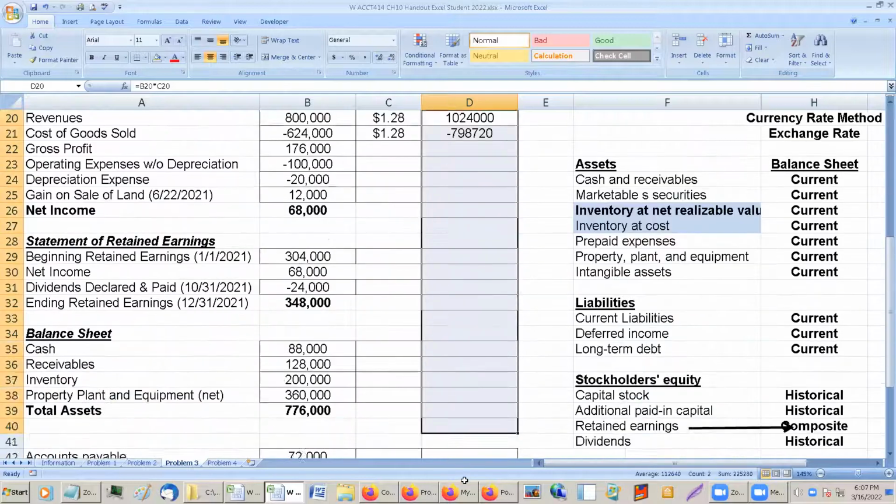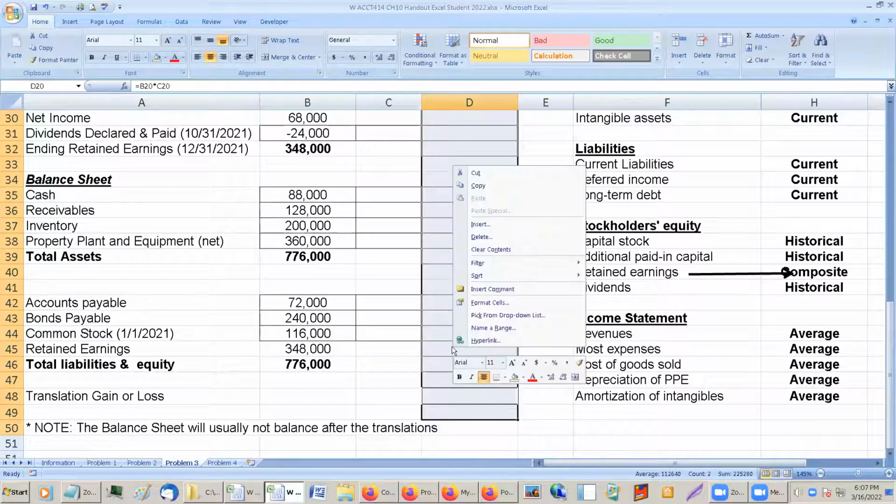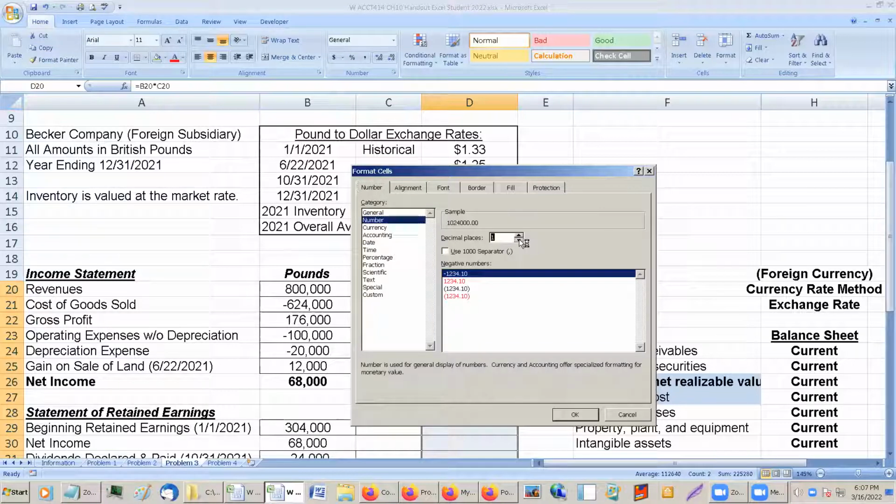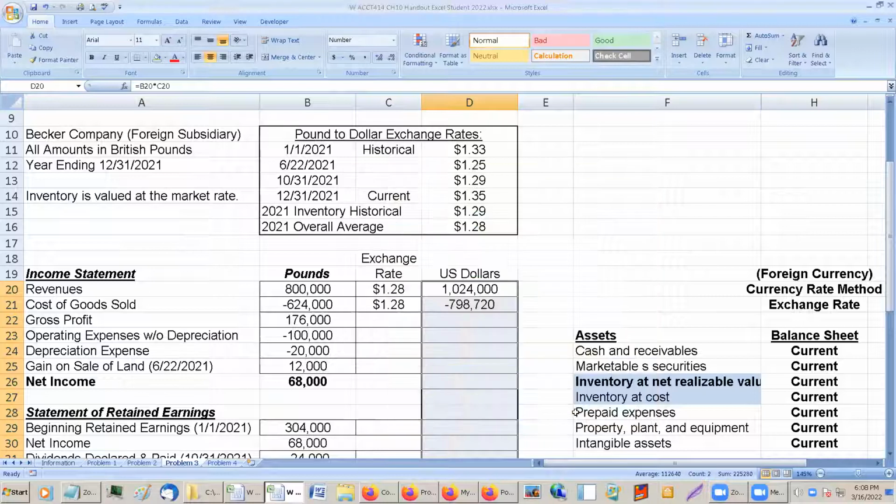They're leaving it in the foreign currency. And so all of these are going to be at the average.